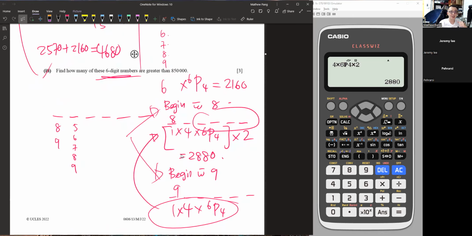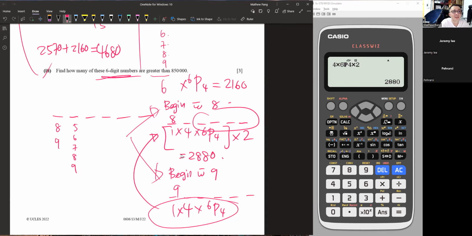Start with 9 is already... They want to find more than 850,000, right? Start with 9 is already more than... Not 7P5. Because they want greater than this number, right?